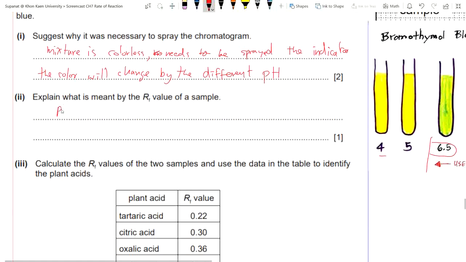The RF value is the distance traveled by the substance divided by the distance traveled by the solvent. Okay.